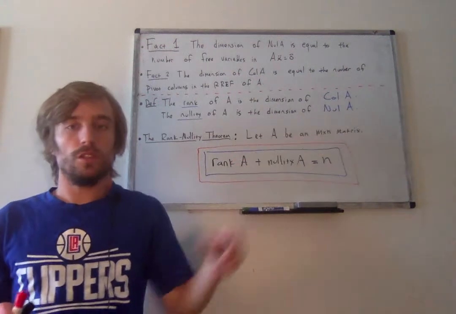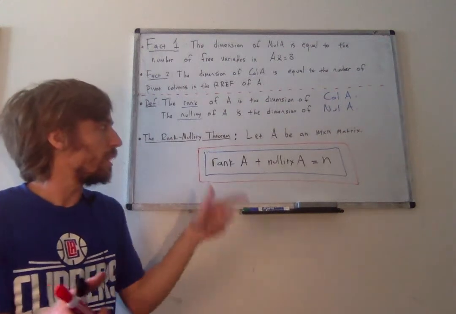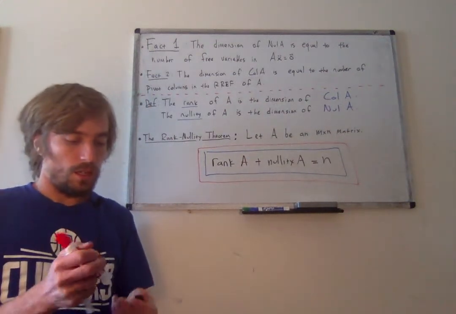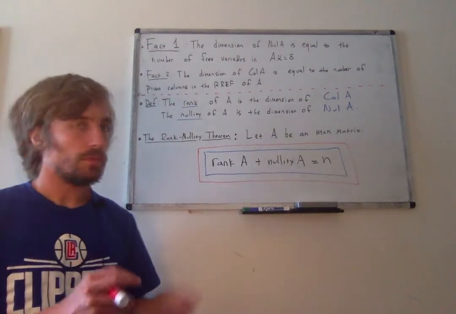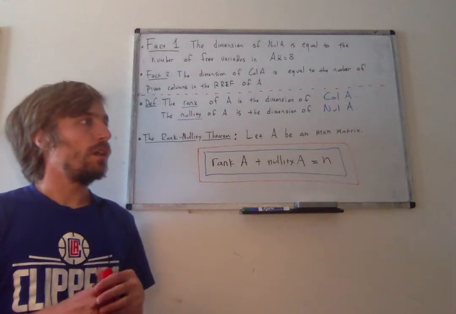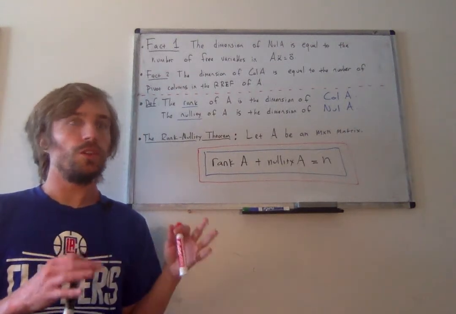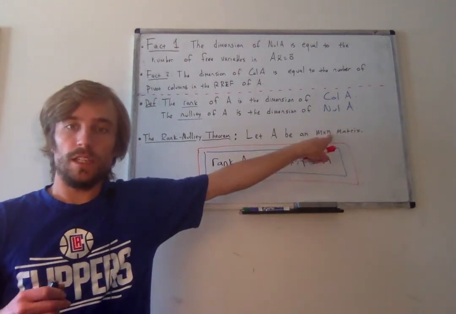So these are two spaces that aren't even in the same dimension normally, and they have this very nice relation. I think an even cooler way to see it: if you think about A as a linear transformation, A is always mapping into Rn.